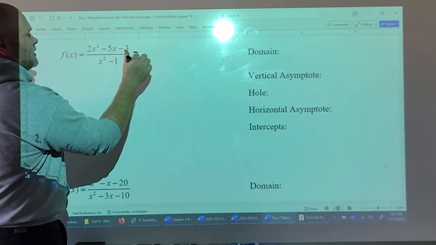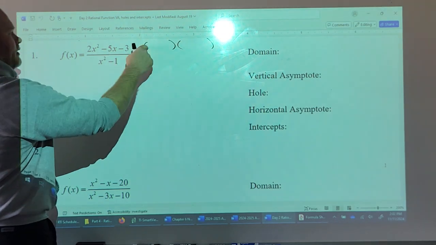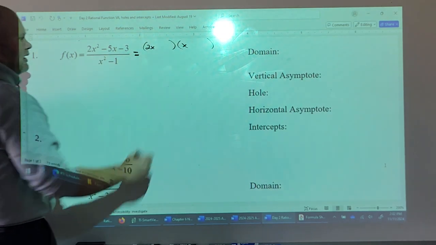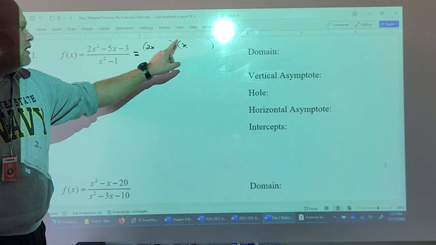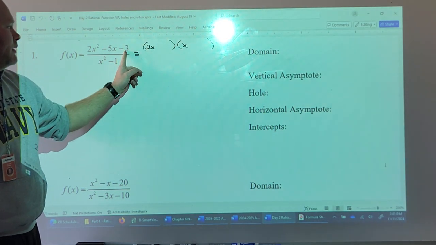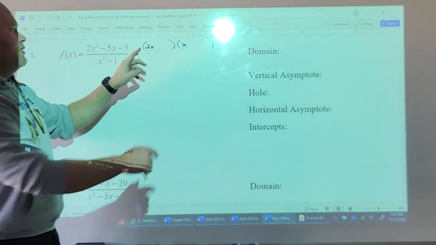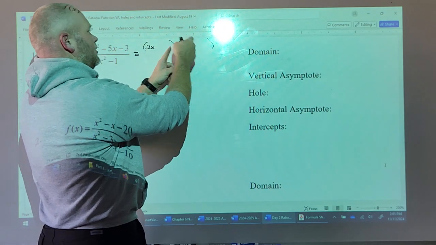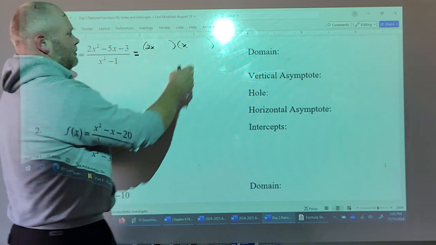So when we factor this top, the x terms have to multiply to be 2x squared, which means one of them is going to be 2x, one of them is going to be x. From there, these two other numbers that are by themselves have to multiply to -3. So it's got to be 1 and -3. You just have to figure out whether the positive 1 goes here and the -3 goes here, or positive 3 goes here and the negative 1 goes here.